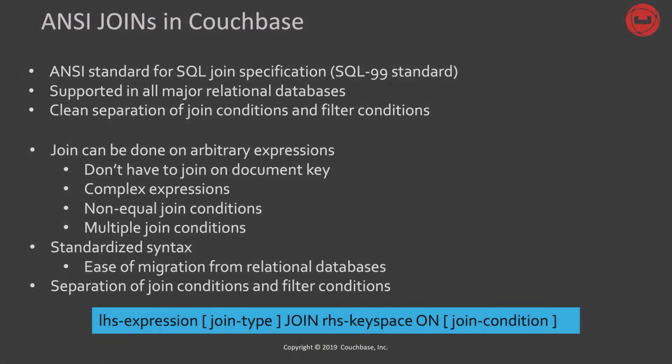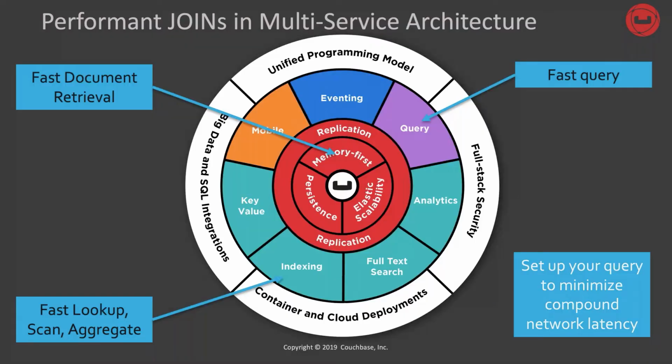We don't need to really pitch ANSI joins here because we are already using them in the relational system, and we want to continue to use them here. We can use the same arbitrary expressions with the standardized syntax and the separation of join conditions and filter conditions. So it's very similar to what you've been using already.